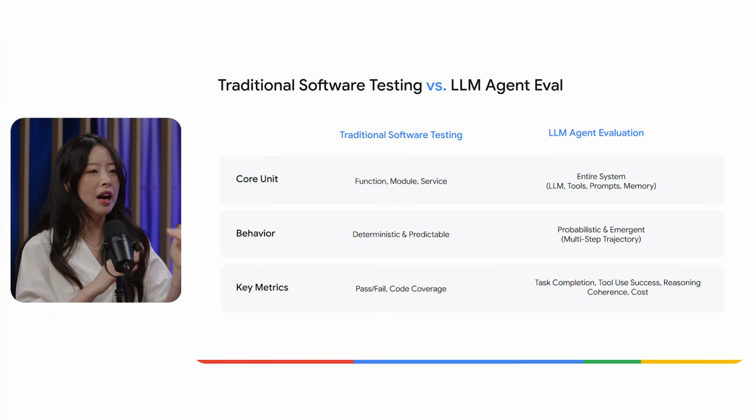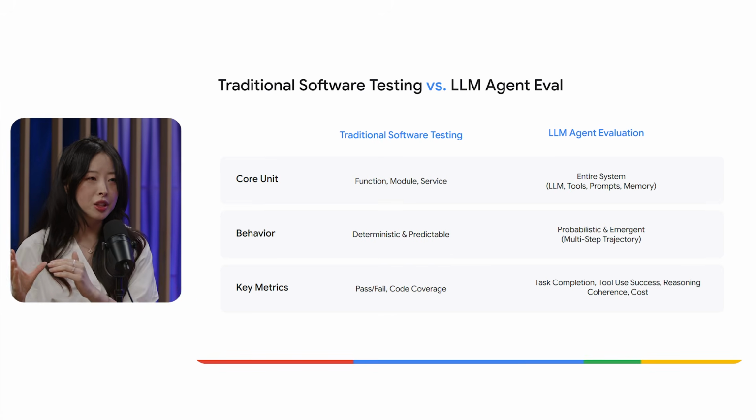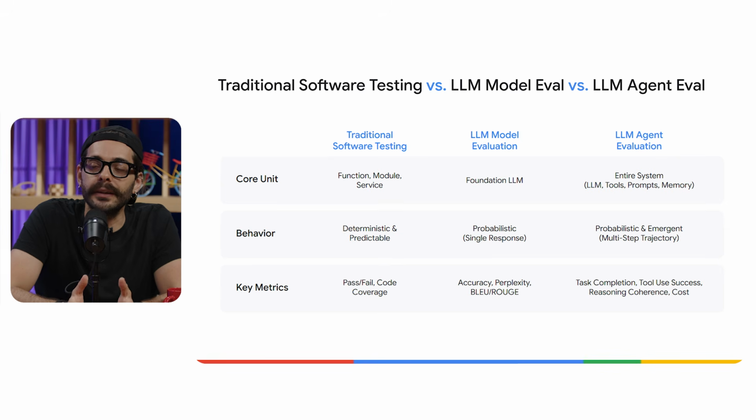So even if you have a really great model, your agent can still perform badly because the agent might not call an API properly, right? I see. So the big takeaway here is that traditional testing is for deterministic logic, LLM evaluation is for general model capabilities, but agent evaluation is for system-level task effectiveness.